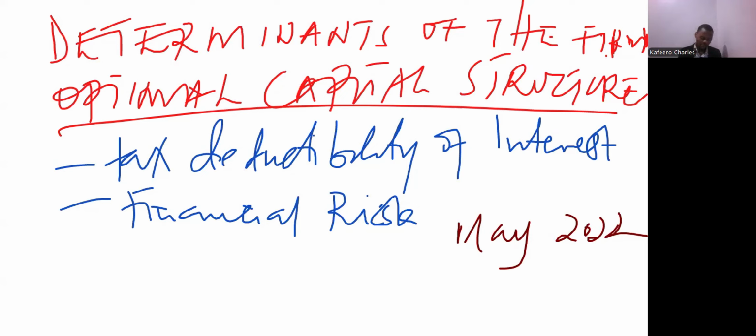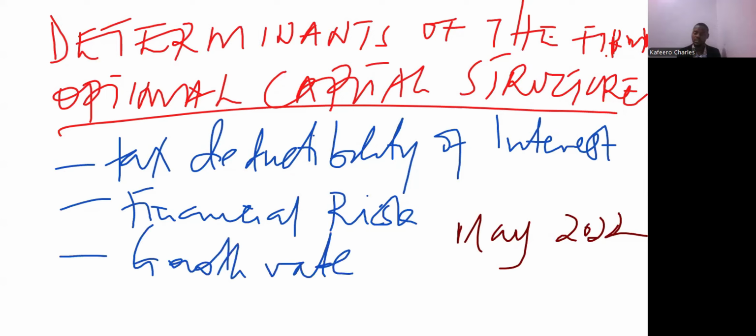The other, of course, is business risks. There are risks associated with just having capital. There are other business risks, like operational risks, that are going to be associated with it. Even the growth of the company can determine it.